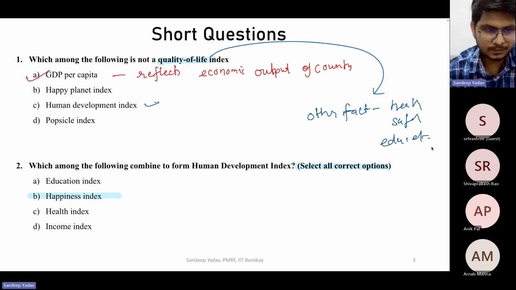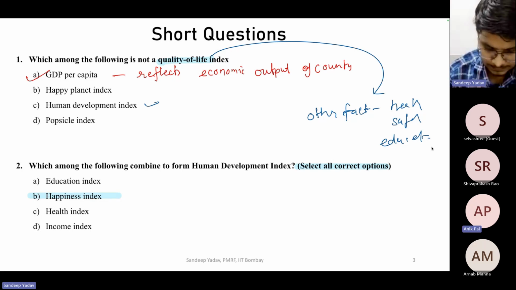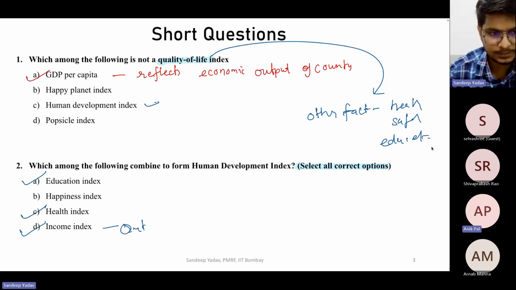If you see, the happiness index is not a part of HDI. The education index, health index and income index are. The income index shows the quality of life, the luxury. The health index is the basic one, and the education index shows the literacy rate. Happiness index is not a part of HDI.